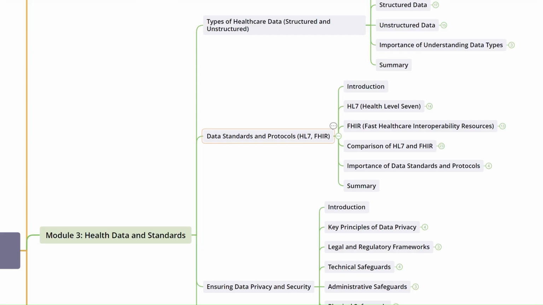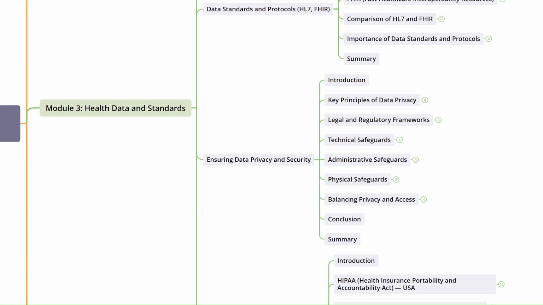These protocols ensure data consistency and facilitate communication between various software applications, supporting integrated care delivery and better patient outcomes. HL7 is referred to as Health Level 7, and FHIR is referred to as Fast Healthcare Interoperability Resources.